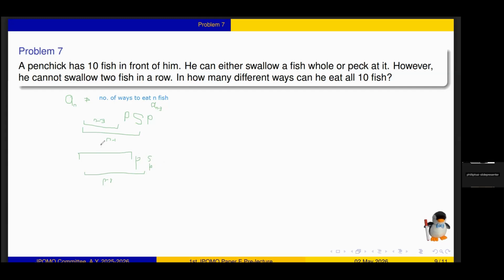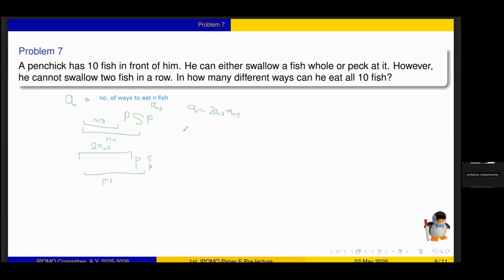So this is just A sub n minus two. But we also have to account for the two choices of S and P. So there are two times A sub n minus two. Since we already used all cases, we have A sub n is equal to 2 times A sub n minus 2 plus A sub n minus 3, right?